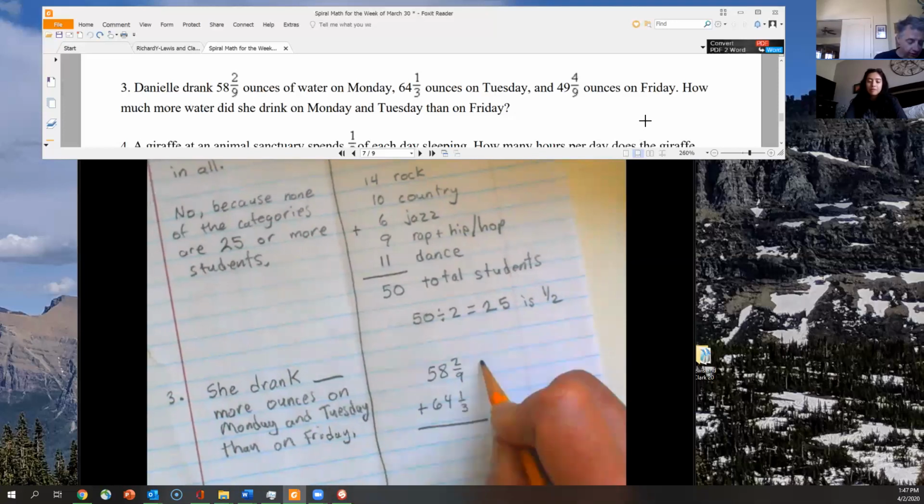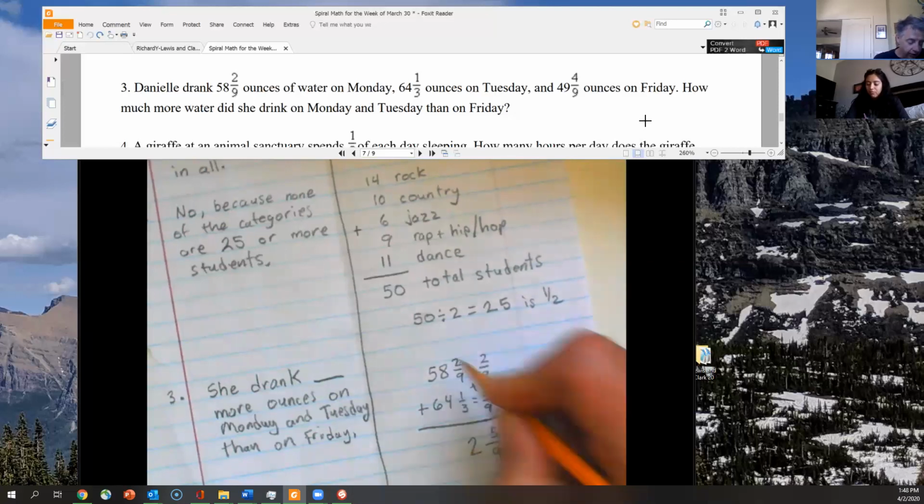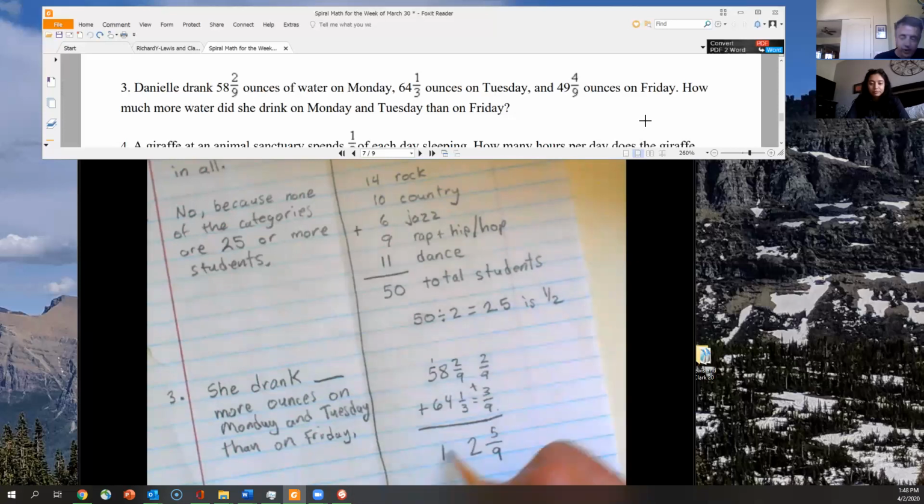Basically right here, I need to turn the 1/3 into 3/9 because that's equivalent to 1/3. 2/9 I don't have to change because it's got the same denominator. I'm going to add 2 plus 3 is 5, and that becomes 5/9 is our fraction. I can add my whole numbers now just the way I normally would. 8 plus 4 is 12. Carry the 1, 6 plus 6, 122 and 5/9 ounces of water.